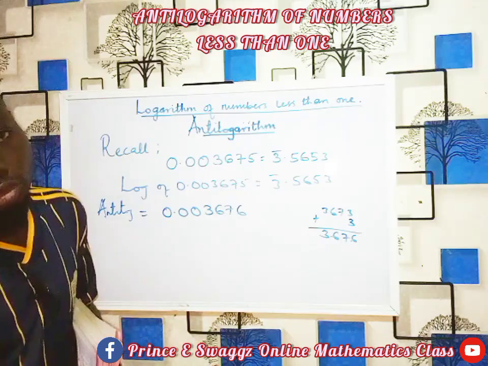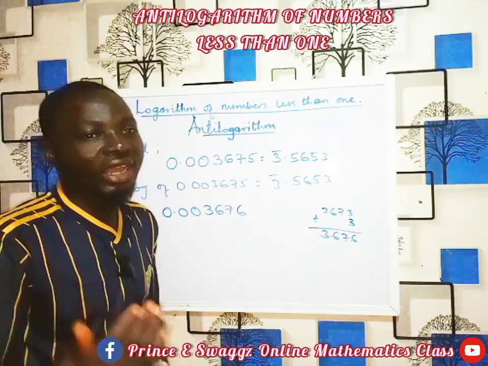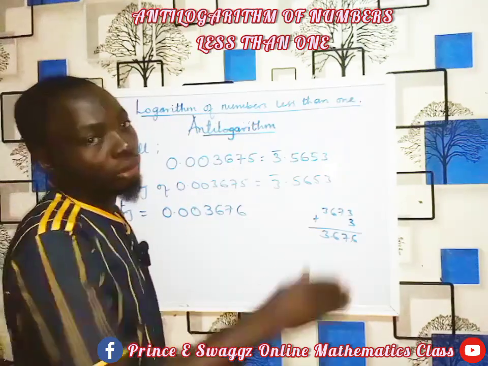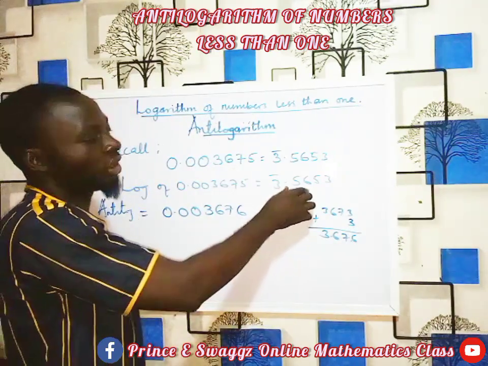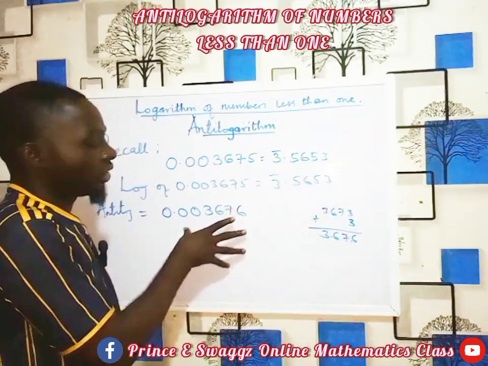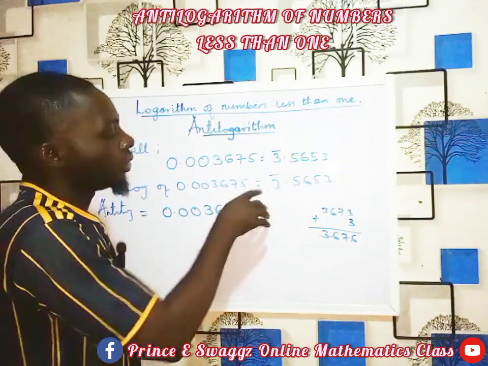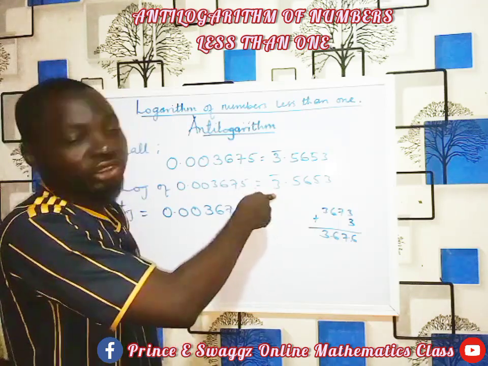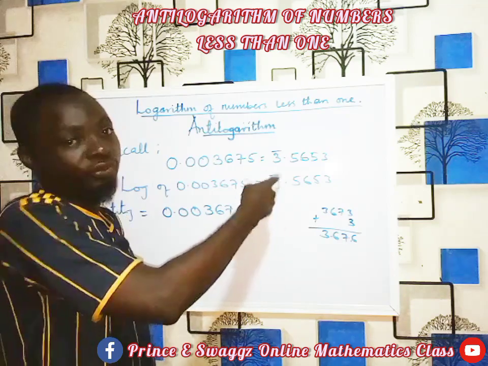Whenever you are asked to find the antilog of a particular logarithm value, you only start with the digits after the decimal point. Whatever answer you get, you then check your integer, that is the digit before the decimal point.